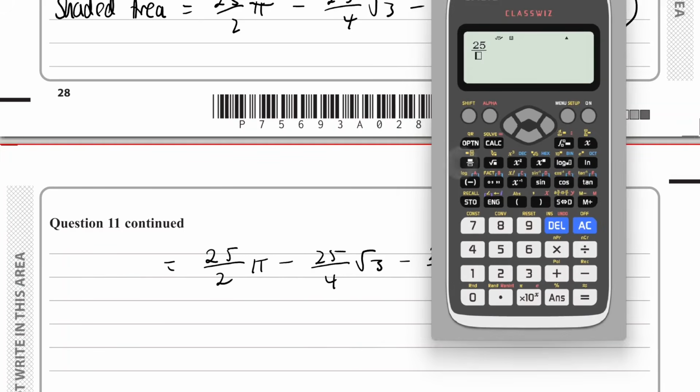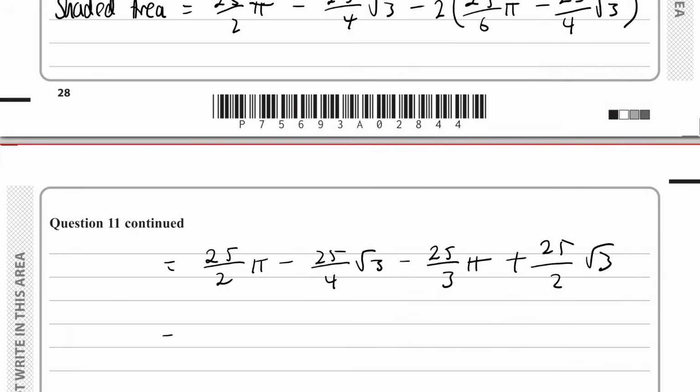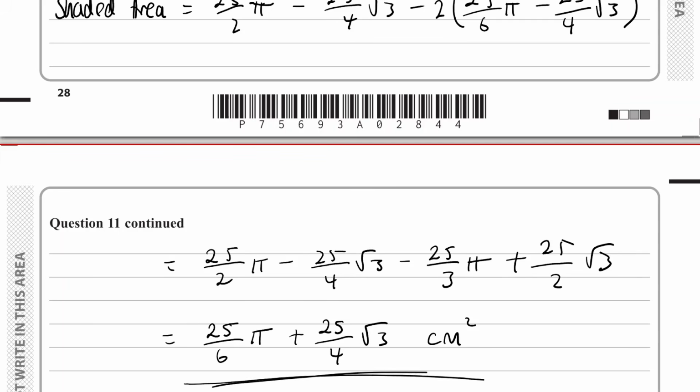We can just use the calculator. 25 over 2 minus 25 over 3 is 25 over 6. So 25 over 6 pi's. And I've got 25 halves take away 25 quarters root 3's. So that's 50 quarters take away 25 quarters. It's 25 quarters square root 3 centimeters squared.